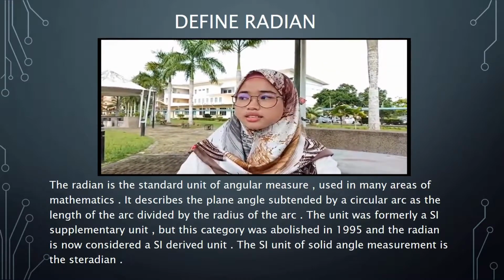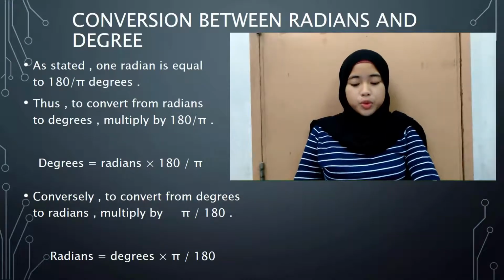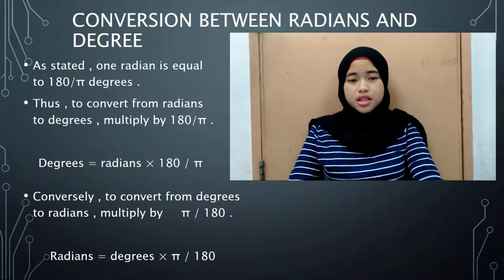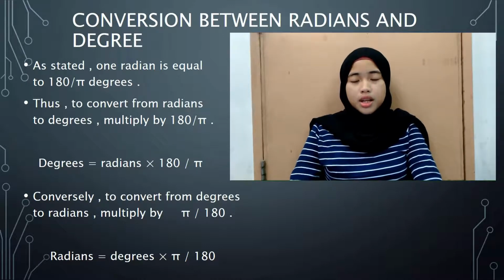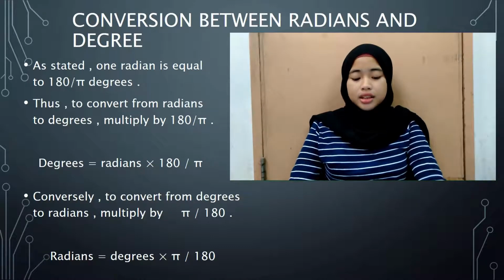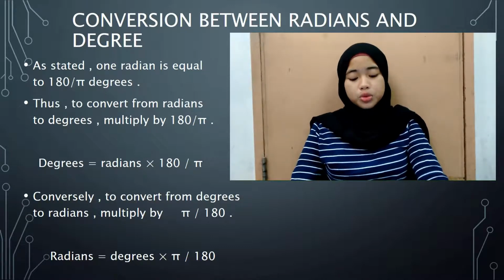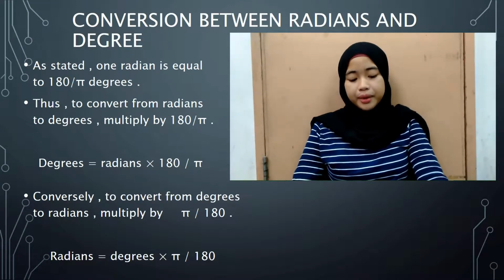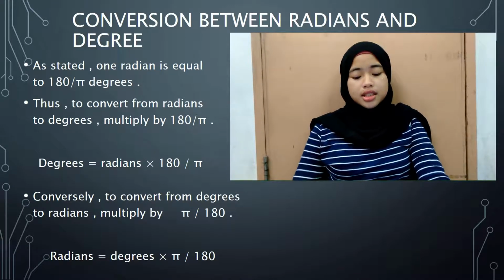Degree equals radian multiplied by 180 over pi. Conversely, to convert from degrees to radians, multiply by pi over 180. Radian equals degree multiplied by pi over 180.